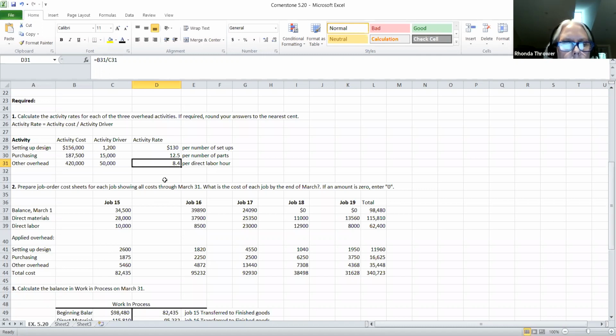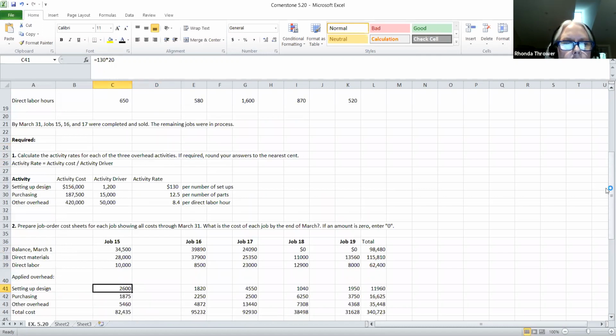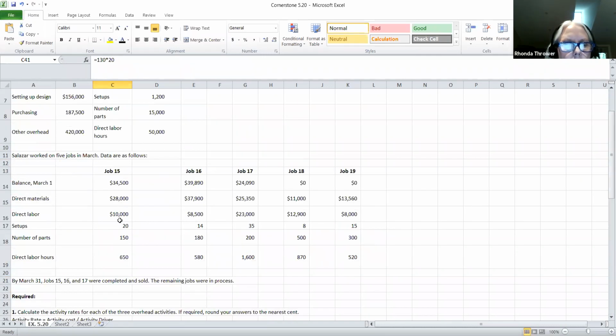And so what we're going to do is go back to the activity rate that we found in part 1 for setups. And then we're going to multiply this activity rate by the number of setups that we incurred in that job. And all of this information was given to you here. So the number of setups for job 15 was 20.